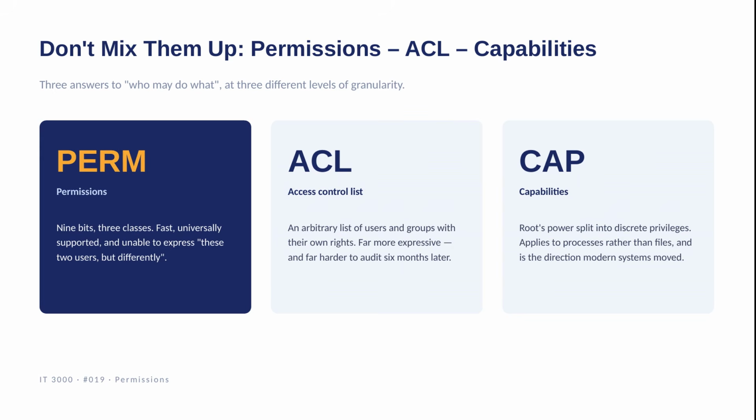Access control lists let you name specific users and groups with their own rights, which is powerful until you try to audit it half a year later. And capabilities take a different path entirely. They slice root's authority into discrete privileges attached to processes, and that's where modern systems have been heading.